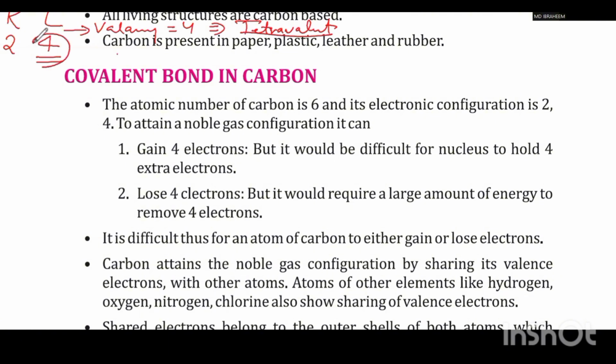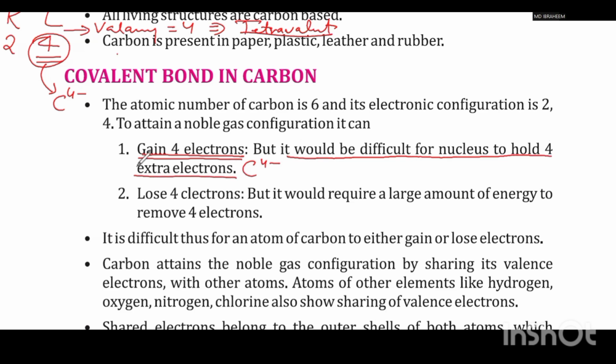Okay. So if carbon has 4 electrons in the valence shell, and you know every element tends to attain the noble gas configuration, or tends to complete its octet, it means having 8 electrons in the valence shell. So carbon also tries, but it remains unsuccessful. Carbon tries to gain 4 electrons to form the C4 minus ion, but it would be difficult for the nucleus to hold 4 extra electrons.